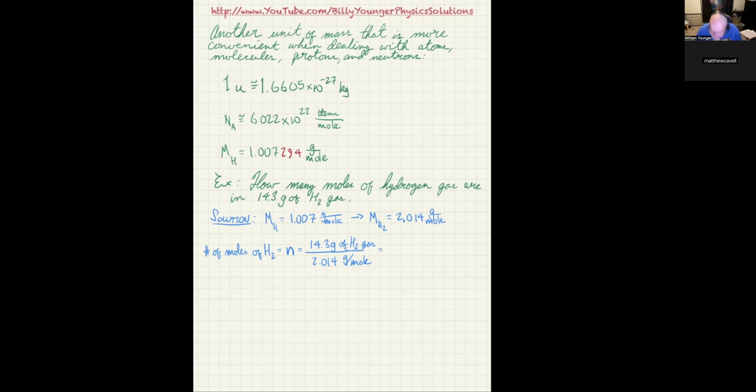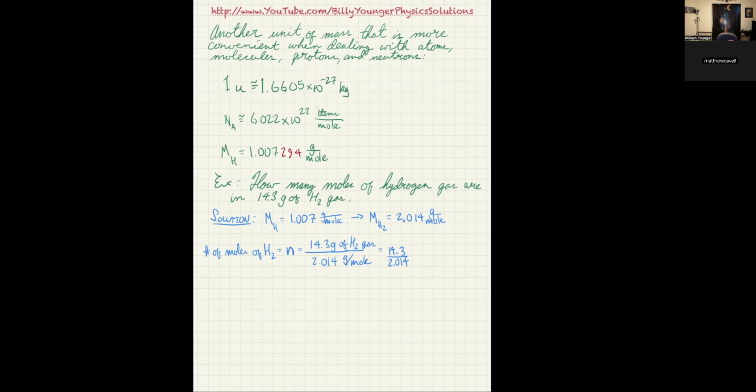Remember, when you divide by a fraction, that's the same thing as multiplying by the reciprocal of that fraction. So dividing by grams per mole is the same thing as multiplying by moles per gram. So we end up getting 14.3. Actually, let me write it this way. 14.3 divided by 2.014, like that. That's the numerical part of division.